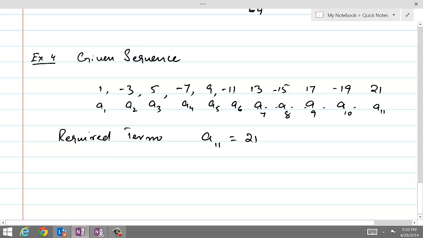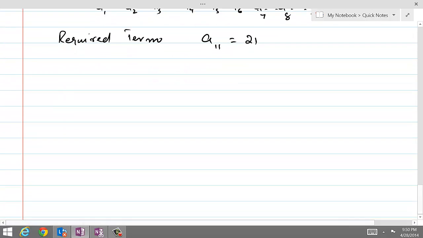Let's find out some terms from the general rule, or when the nth term is given. Now here in example number 5, the nth term is denoted by an, and this is given equal to minus 1 power n times n square.